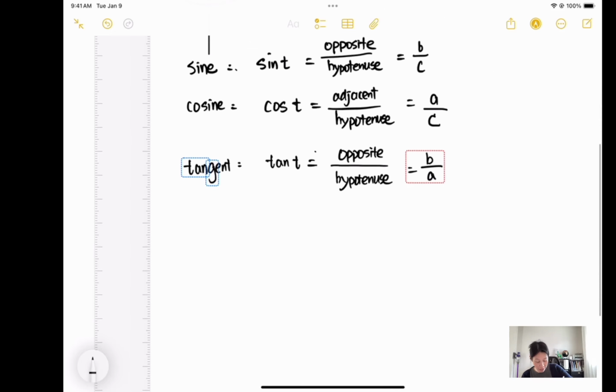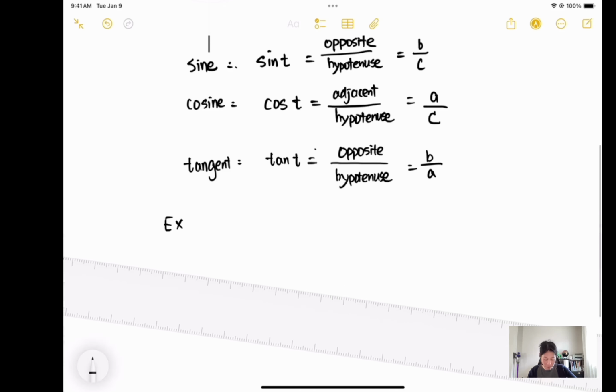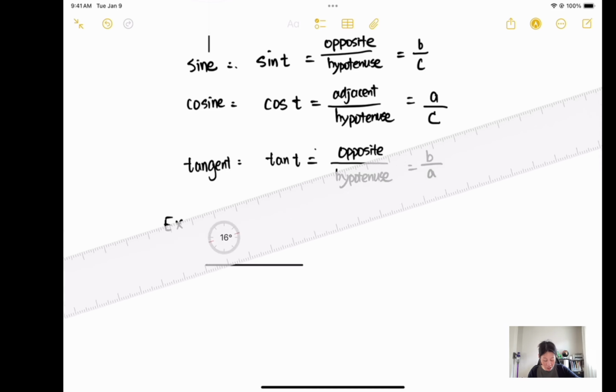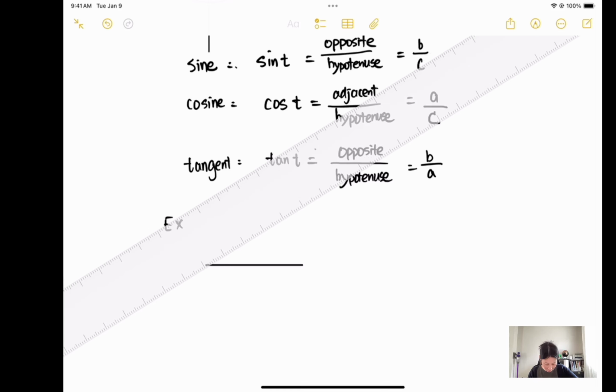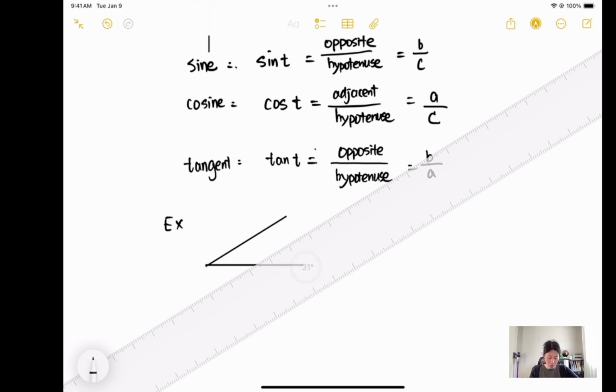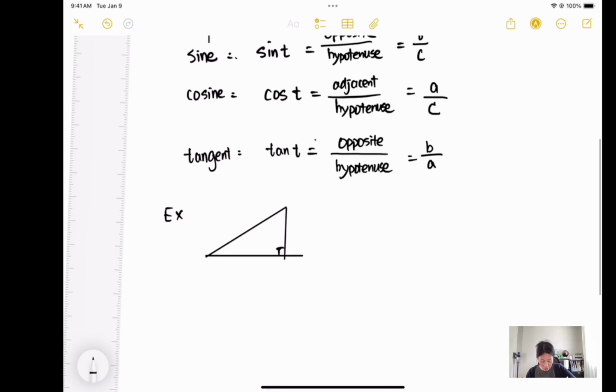So here is some exercise. Let's take a look. This applies to all triangles. It doesn't have to be a triangle in standard position inscribed in a unit circle. So here is a right triangle. We have 1, x, and y.